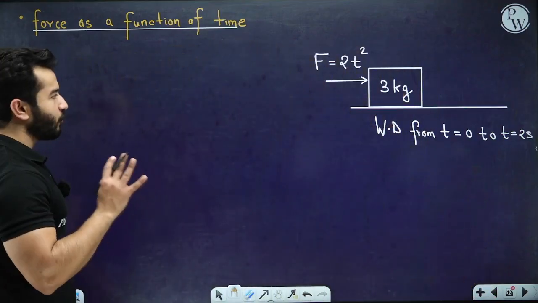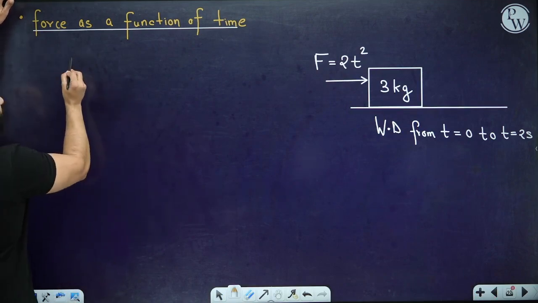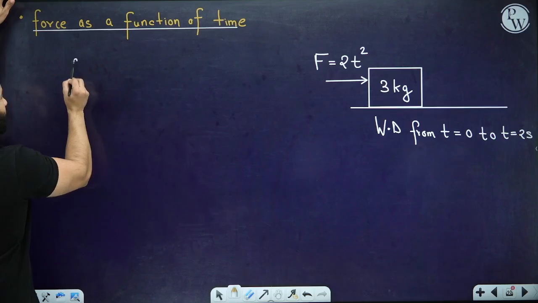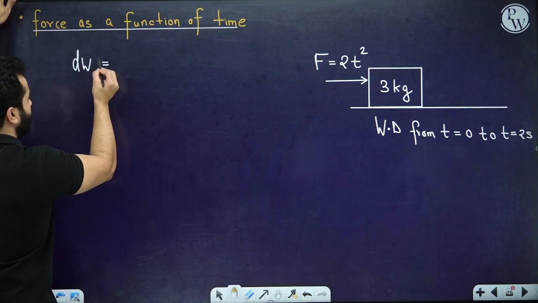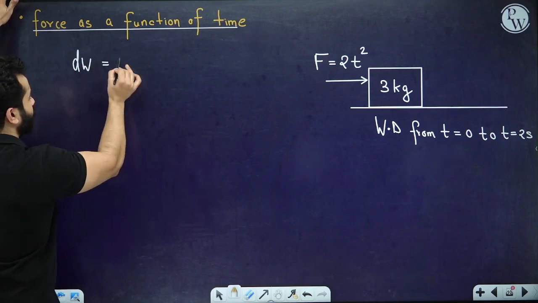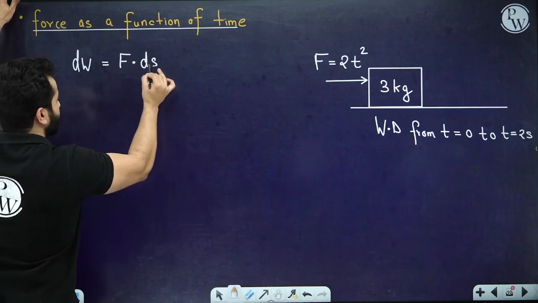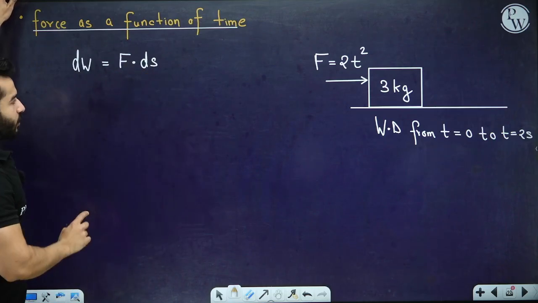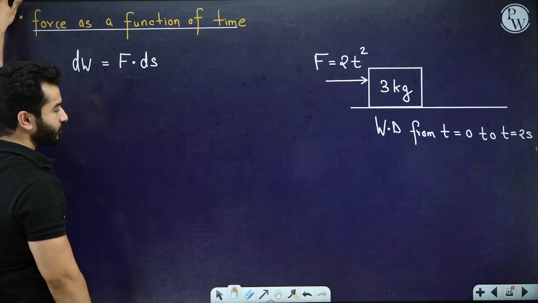Right. So we have got F. Now, please see what do we know till now. We know that when we write small work done, we write it as dW equals F dot ds. That's what we write, right? Now the problem is we have got force over here as a function of time, right?